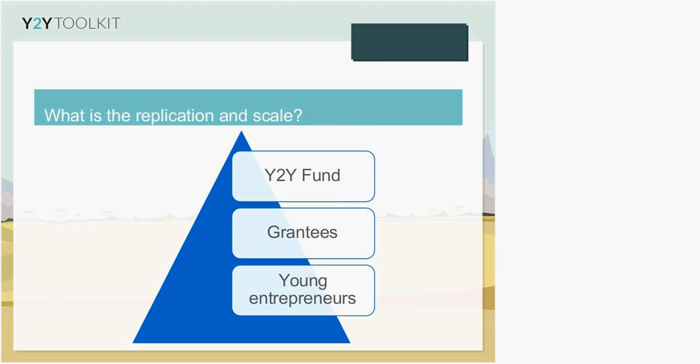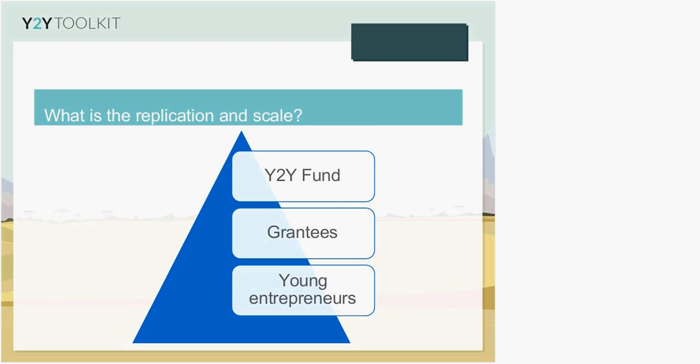Both of you are correct, and this is a step that comes after the implementation. We would like to look at replication at three levels: at the Youth Fund level, at the TEAs level, and of course at the young entrepreneurs level.